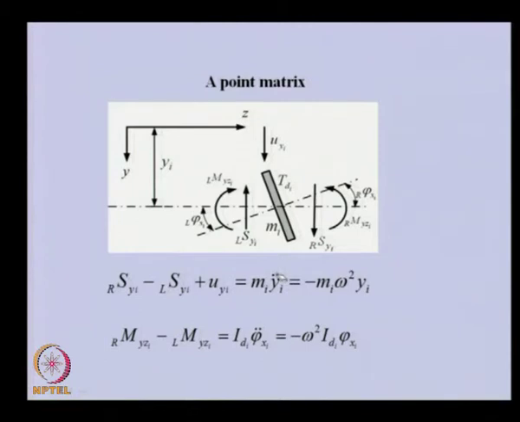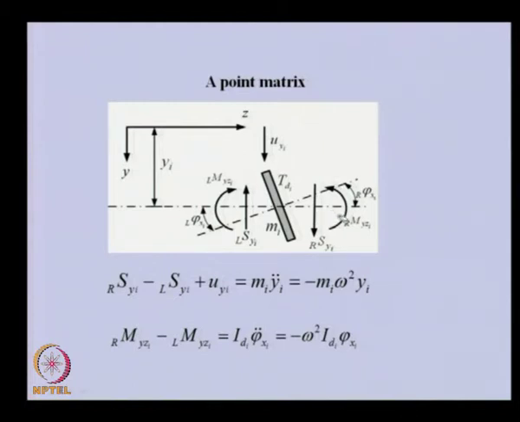For harmonic motion, which will be there for free vibration or forced vibration, we can write this like this, where omega is the spin speed of the shaft. If we are dealing with free vibration, unbalance will not be there, and this frequency will be the natural frequency of the system.